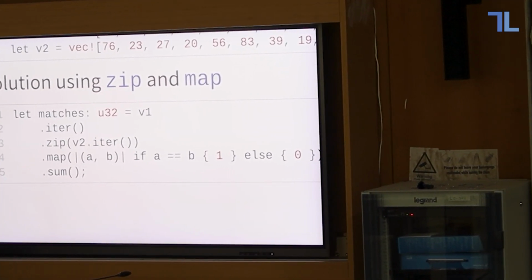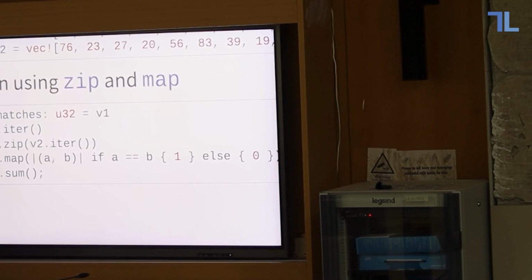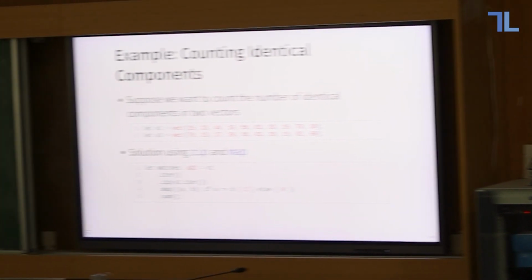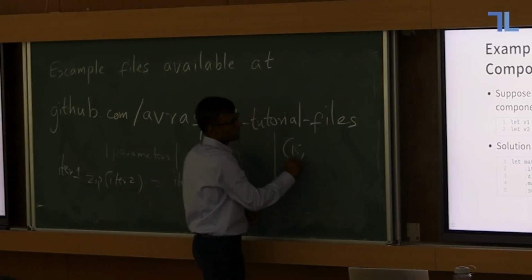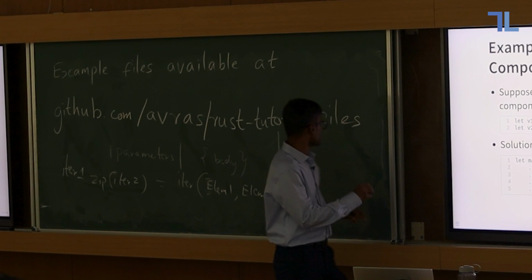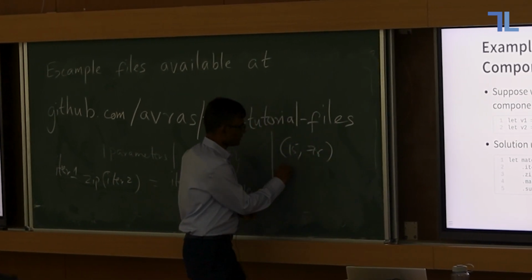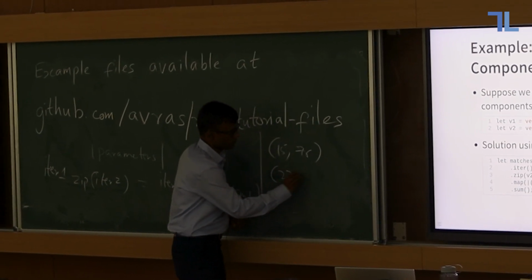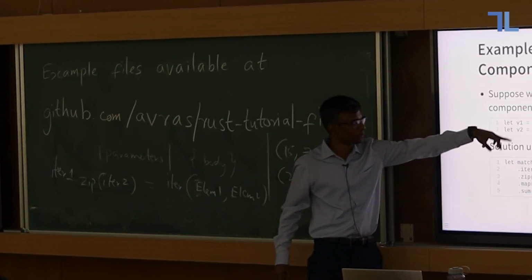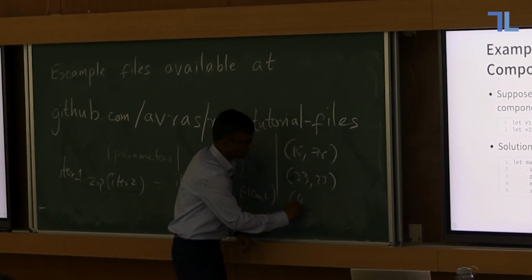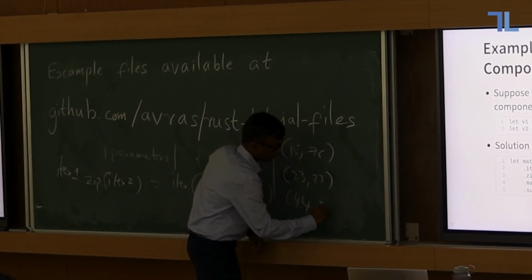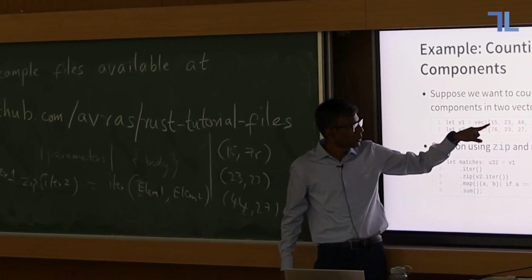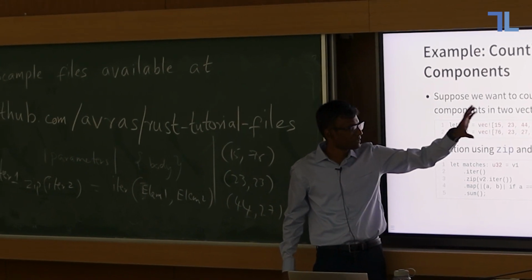Zip will give me pairs of numbers, like the first 15 and 76 in a tuple, and then 23 and 23, and then 44 and 27, and so on. Then I have an iterator of tuples where all these integers have been paired together.